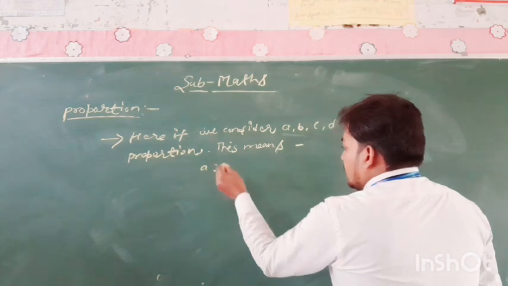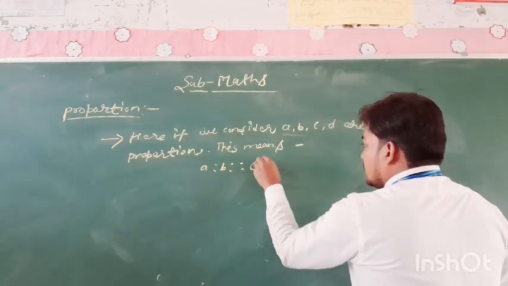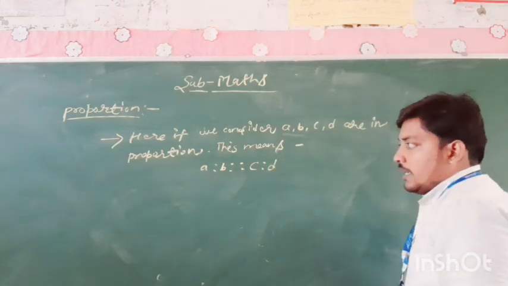A ratio B is in proportion to C ratio D.